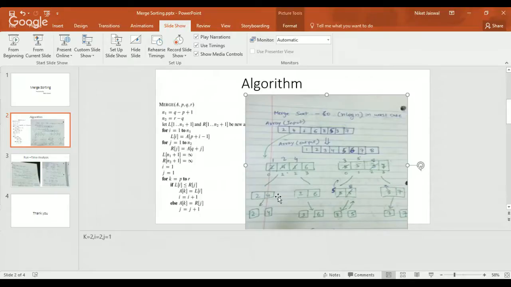I need to recursively do this process until I reach the leaves. The leaf is the very last element.